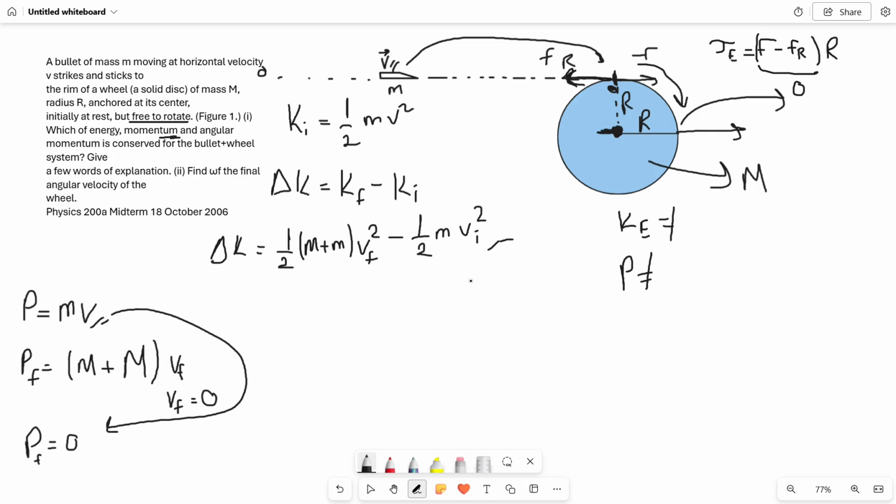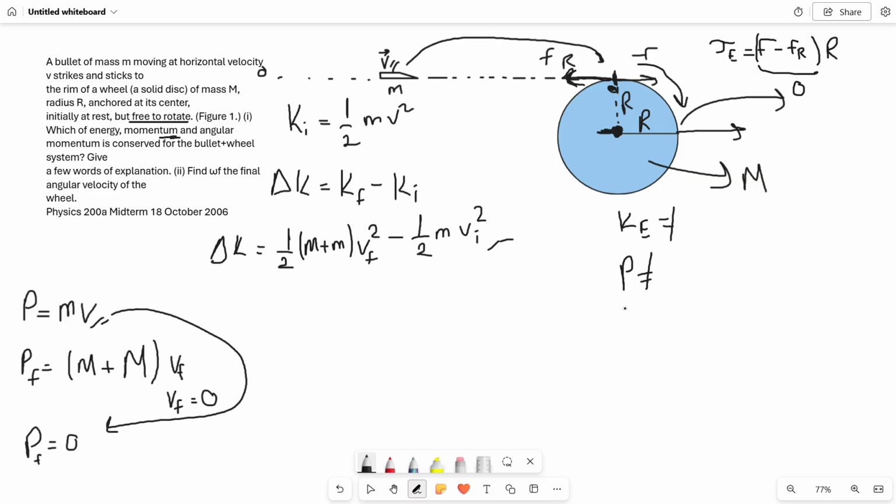Guys, you should know this. If net external torque is 0, the angular momentum is conserved. I'm saying that again. If there is no external torque acting on the system, the angular momentum is conserved.